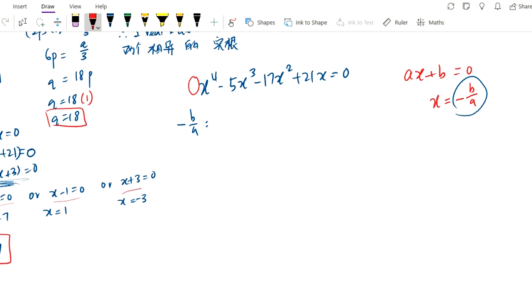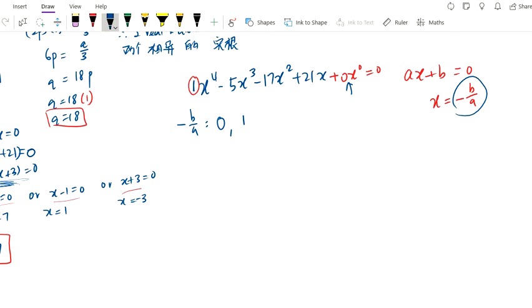In this polynomial, the x with lowest degree should be 0, x to the 0. So what is the factor of 0? Obviously it is 0, right? Then what is the factor for this 1? It is 1. So we already have two possible x values, and we can use them to find the rest.